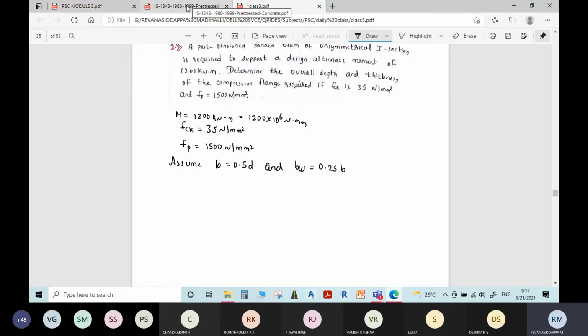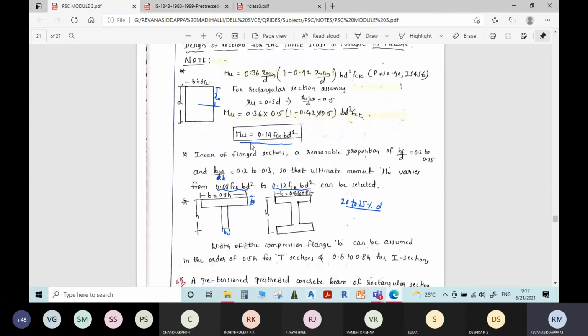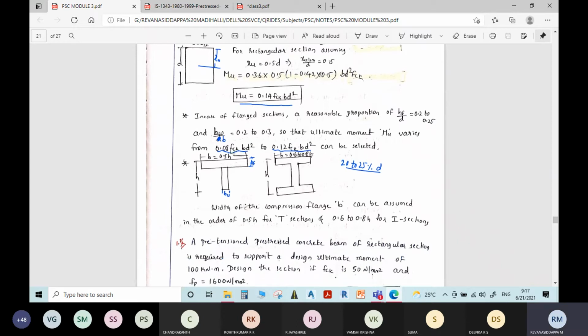Now we have the formula for ultimate moment for the flange section. Here, if you assume BW by B is equal to 0.2 to 0.3, you will get the moment equation from 0.08 FCK BD square to 0.12 FCK BD square.